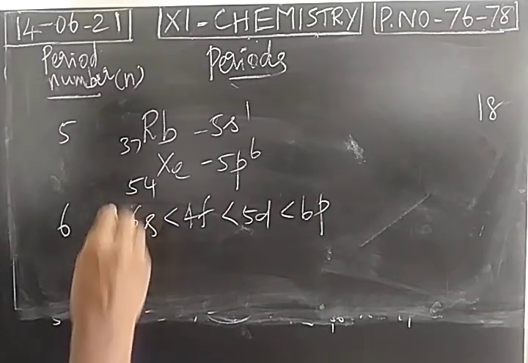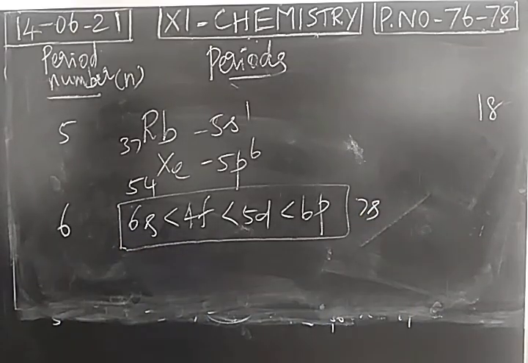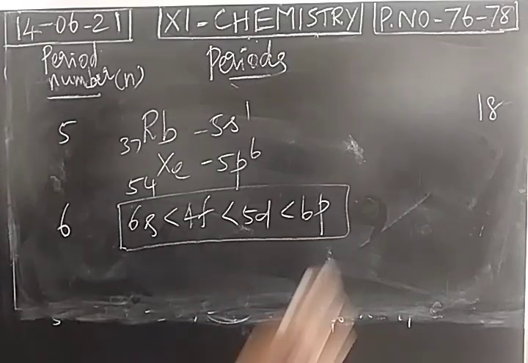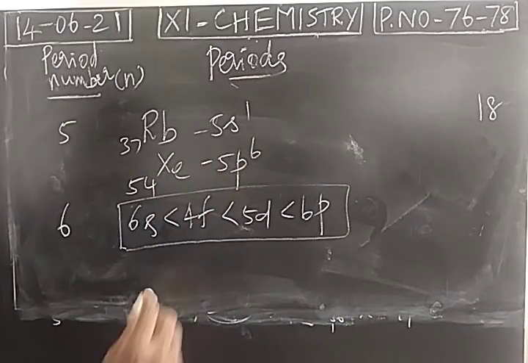So this is the correct order. Then 7s, okay, you omit this one. After 6p, electrons will be placed in 7s. So it is the next principal quantum number and next period number we omit. So these are all the available orbitals.